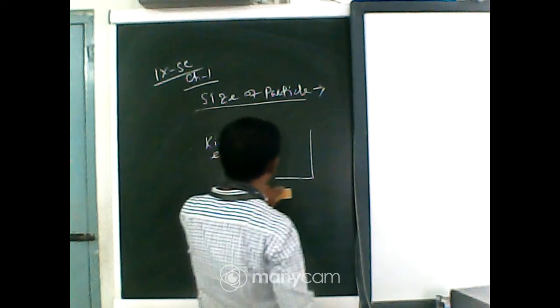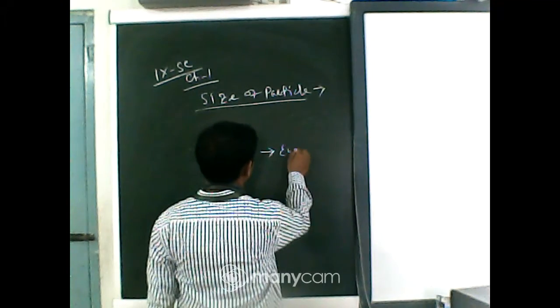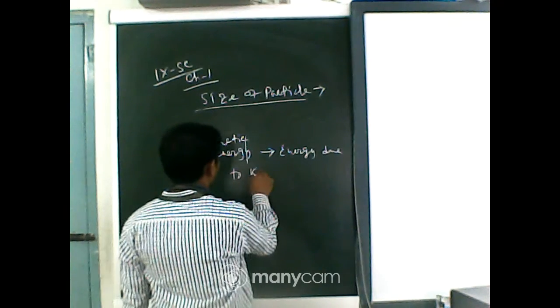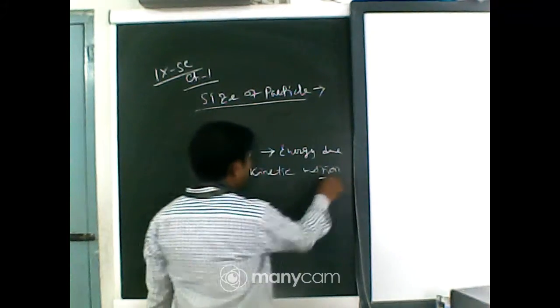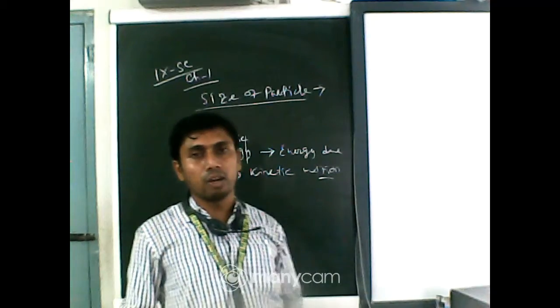Now this concept will be clear in physics. Kinetic energy is energy due to motion. So when a ball is thrown, the energy is due to its velocity.